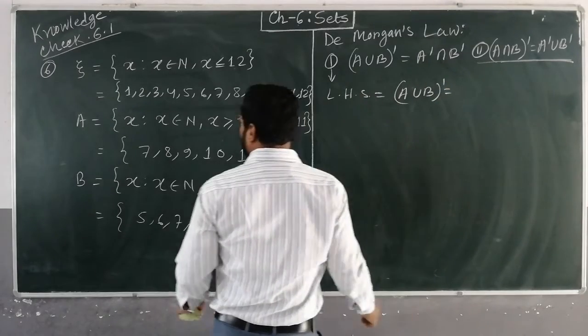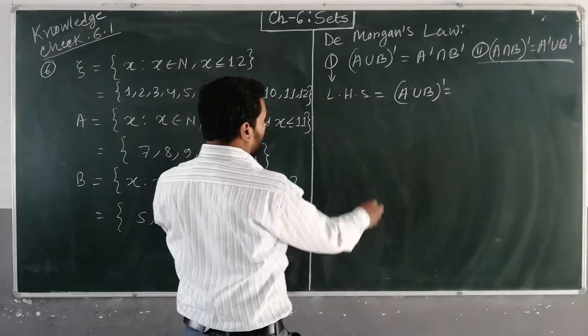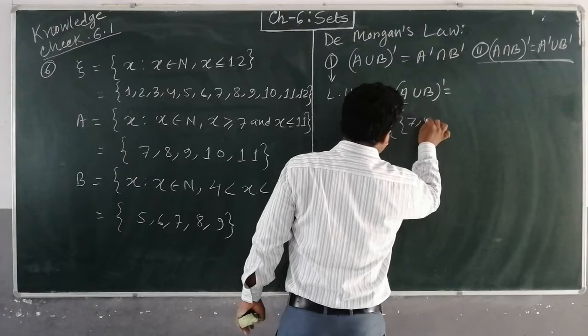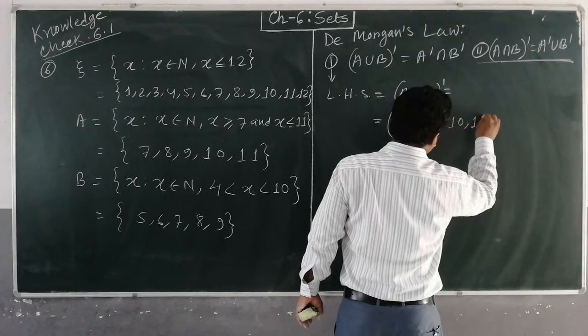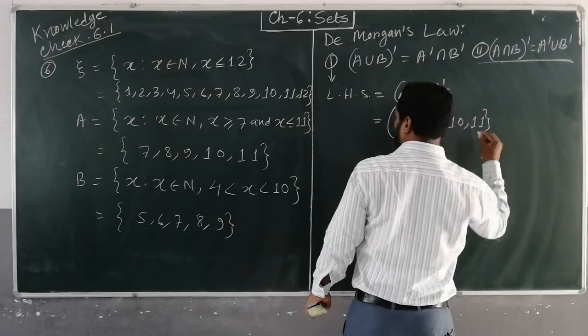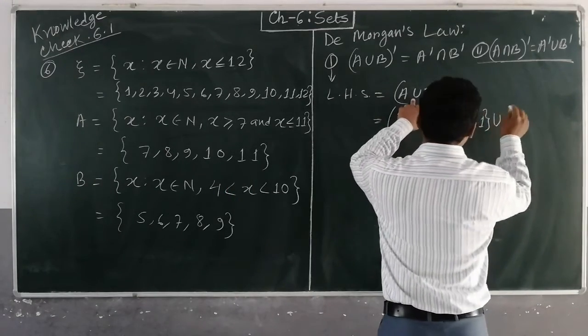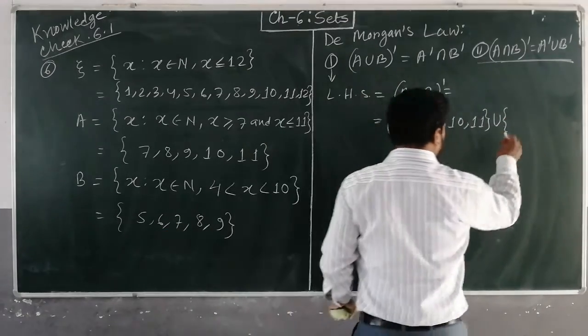Here A is the set 7, 8, 9, 10, 11. So write this set. Now union is there, A union B. Now the set B is 5, 6, 7, 8, 9.